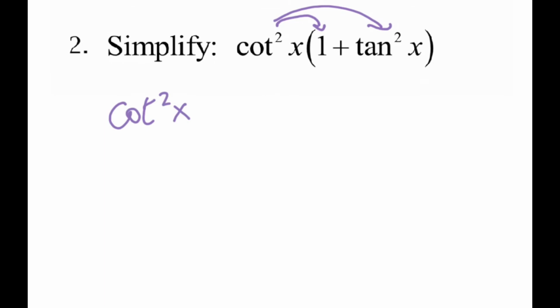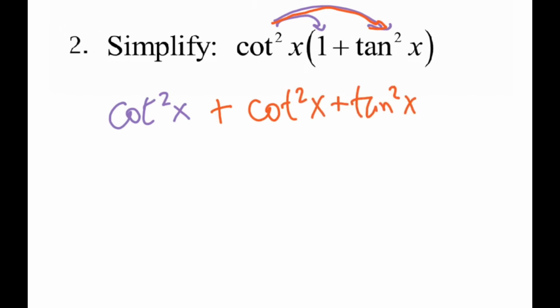And then we're going to do cotangent squared times tangent squared. So plus cotangent squared x times tangent squared x. Okay, and then we're adding these together. So it's kind of like if I have x plus xy, I can't add those together because they're not like terms. So I have to look for things that I could do.